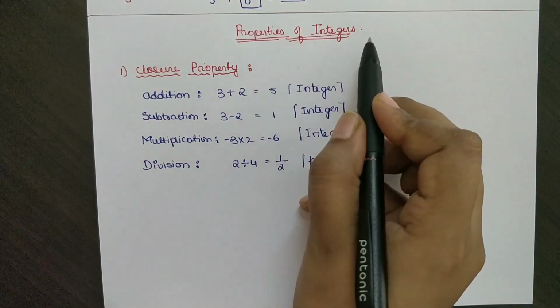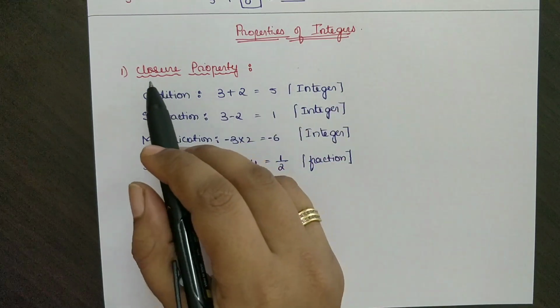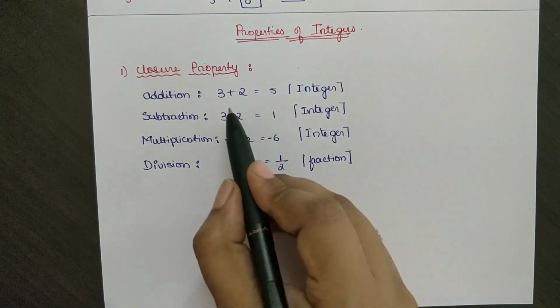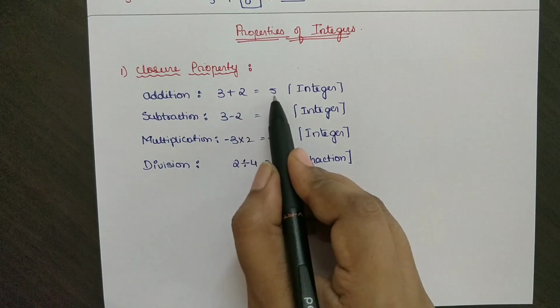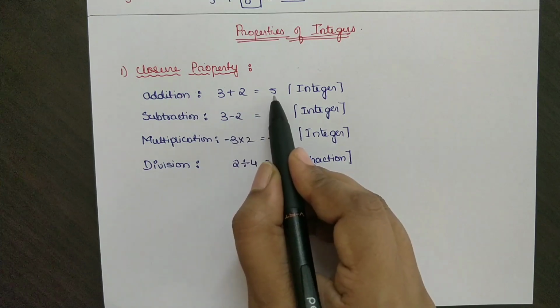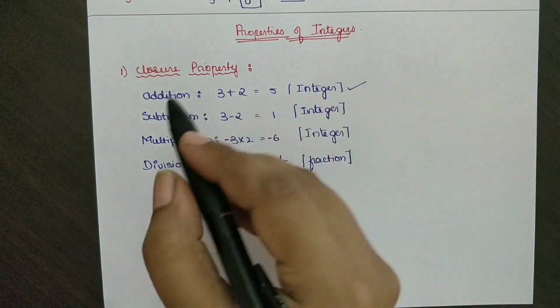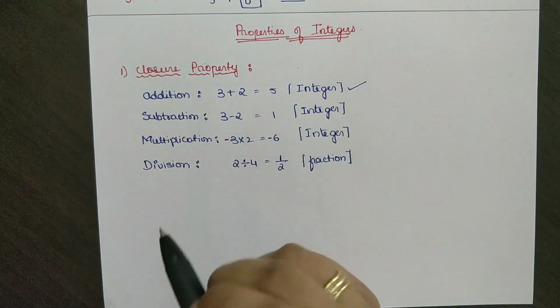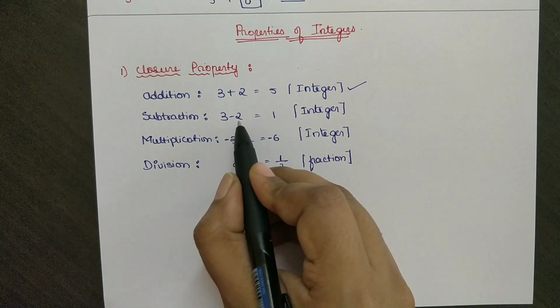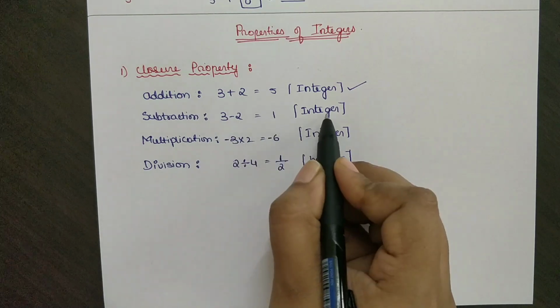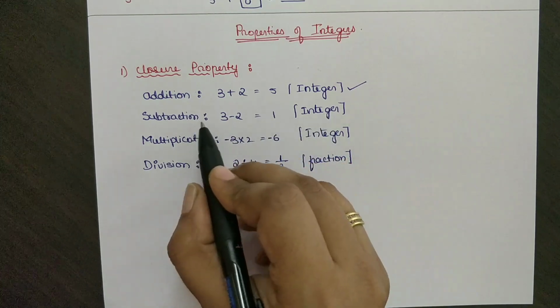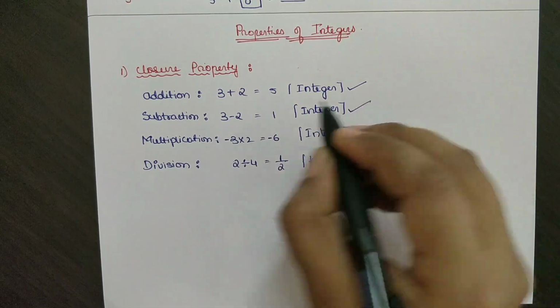Properties of integers. First property, closure property. Addition of two integers is again an integer. Therefore, integers obey closure property under addition. Subtraction of two integers is again an integer. Therefore, subtraction of integers obeys closure property.